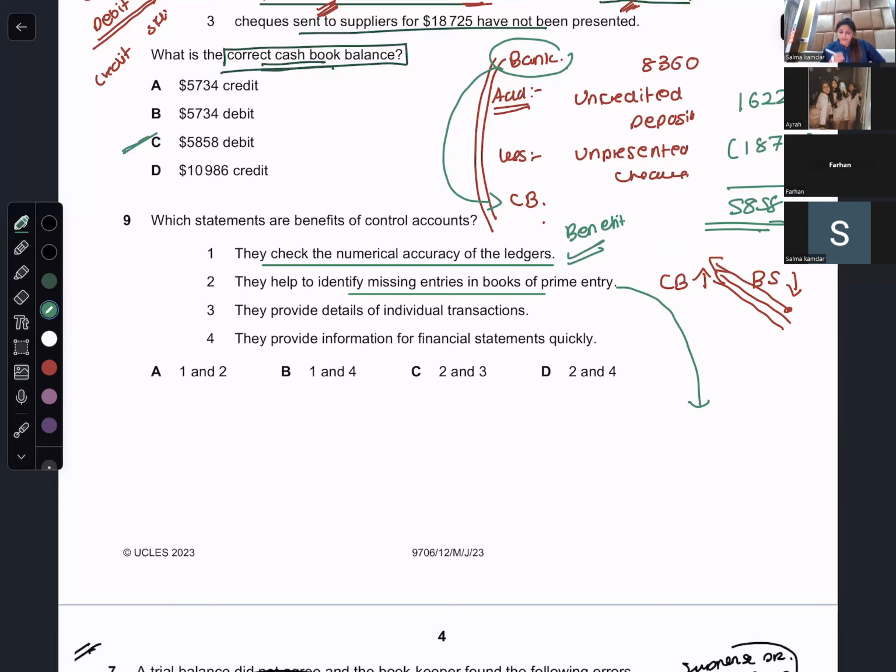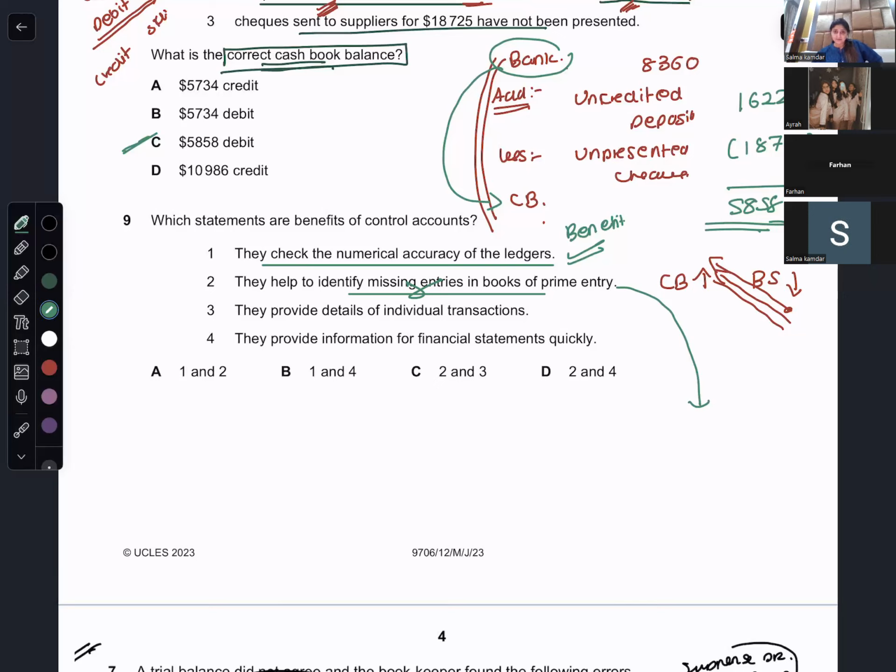So how will they help you identify the entries missing in the books of prime entry? That is why they do not identify this. If something is missed in the books of prime entry, then you have to go to the source document first. Control accounts are made from the books of prime entry, so it does not help you identify this. Next one.